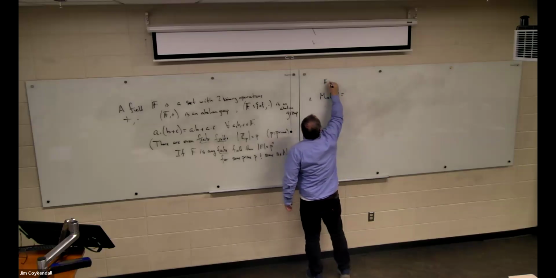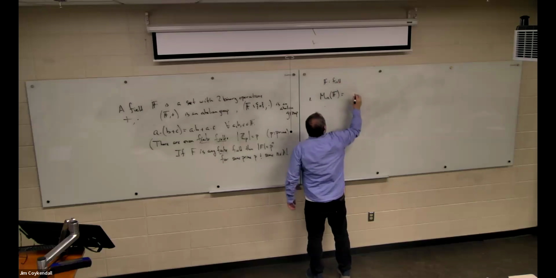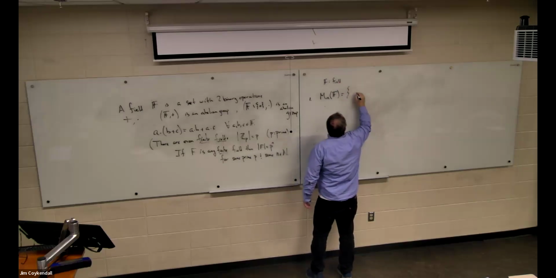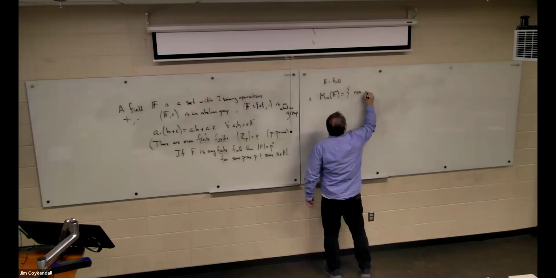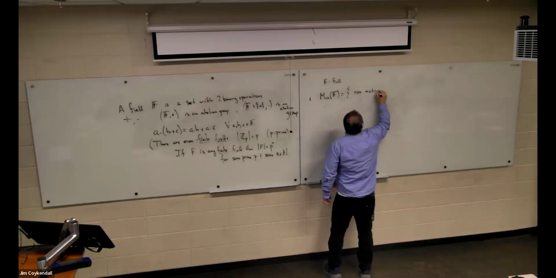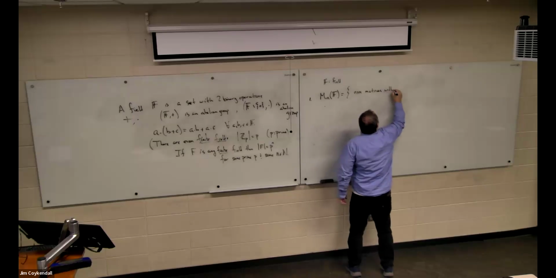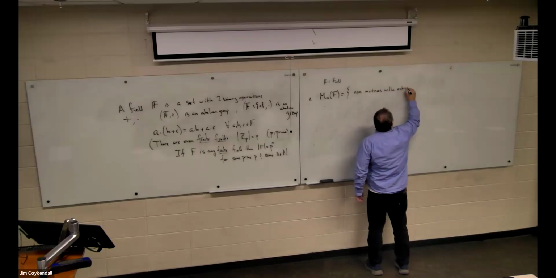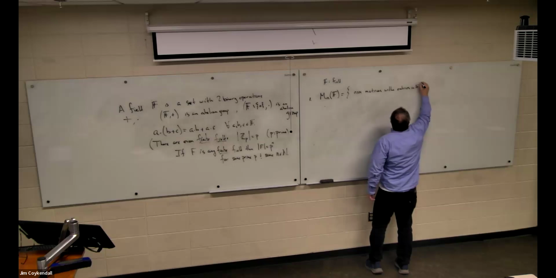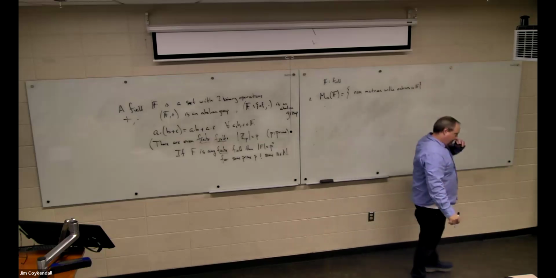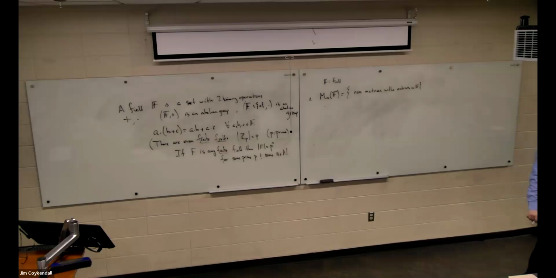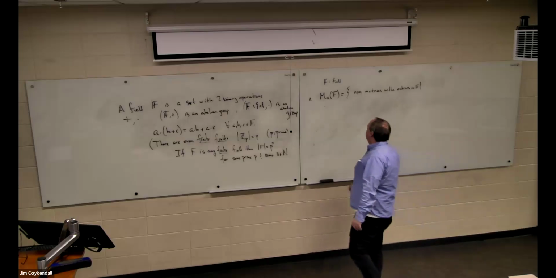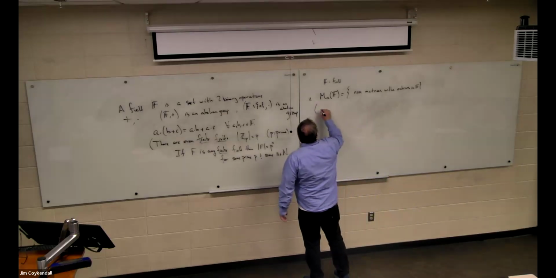The set of N by N matrices with entries in F. And in fact, I said they're N by N, but you can generalize this. They don't even have to be square matrices. They can be just any size.